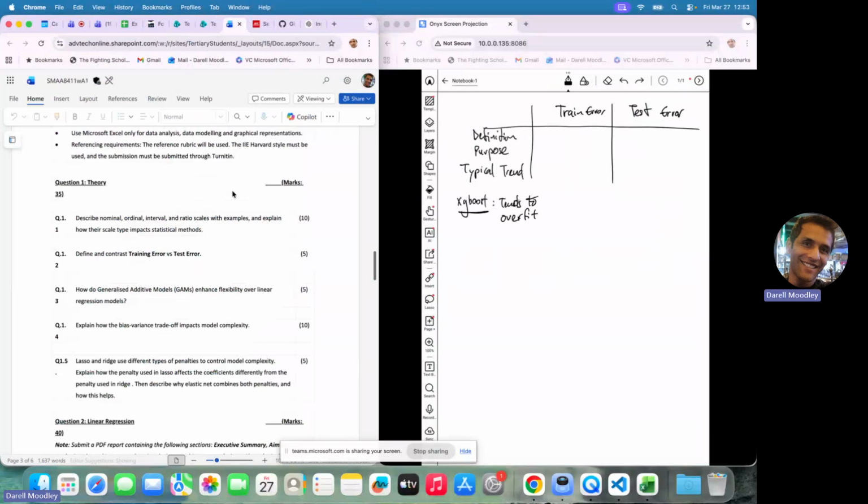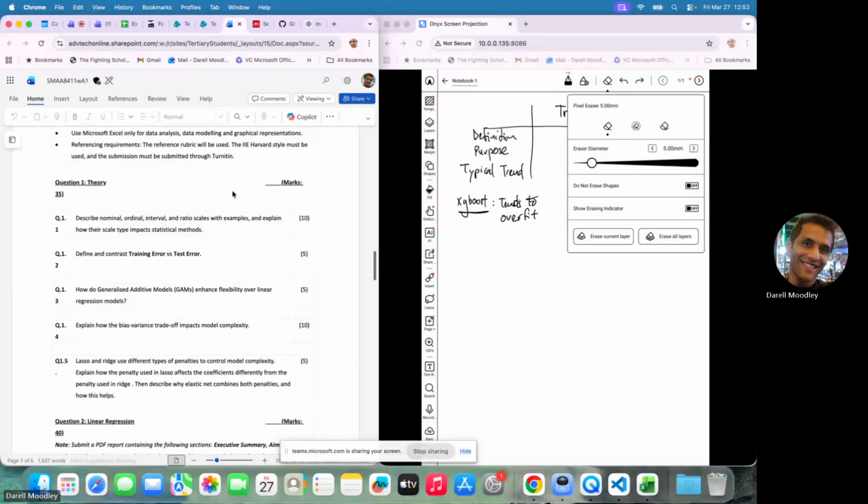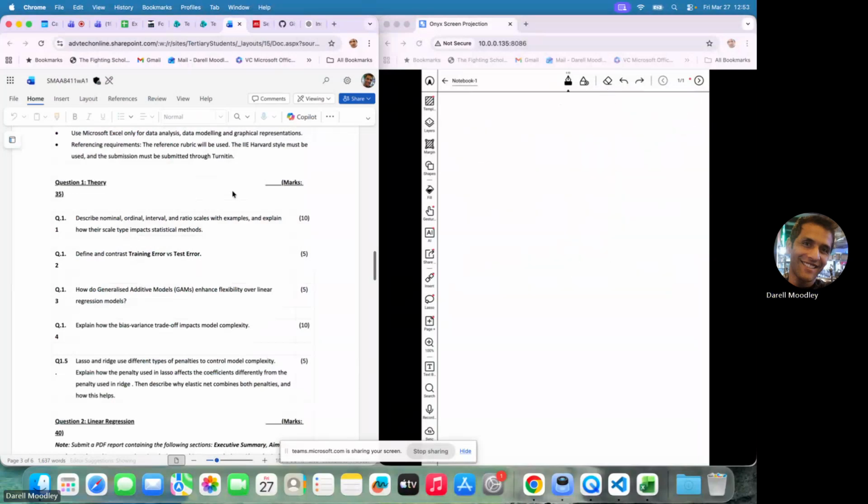Okay. So let's move on to question 1.3. Let me erase this. How do GAMs enhance flexibility over linear regression models? So GAMs haven't been covered yet. Even according to the schedule, GAMs are only going to be covered on Tuesday. So it's very close to the due date for the assignment, but it will be covered.